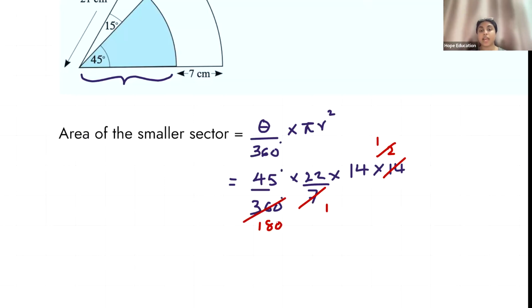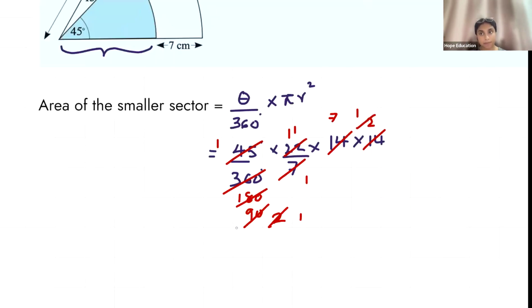Then 45 times 1 is 45, 45 times 2 is 90. Then there is another 14 here, 2 is 2, 2 times 7 is 14. So we have 11 multiplied by 7, which is 77 square centimeters. It's area, so we have to put square.